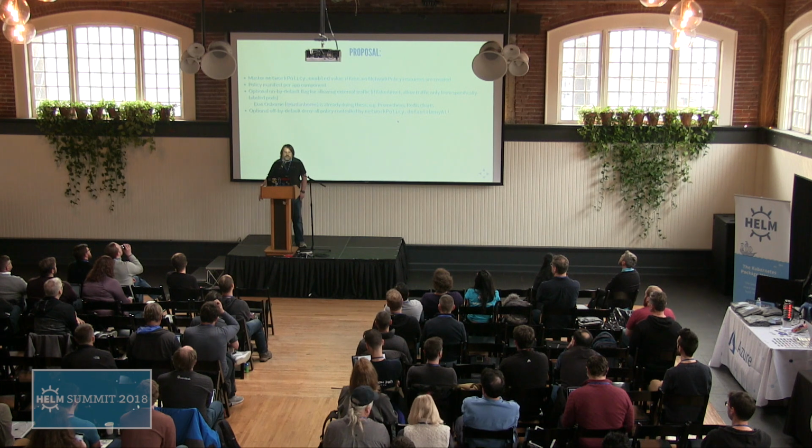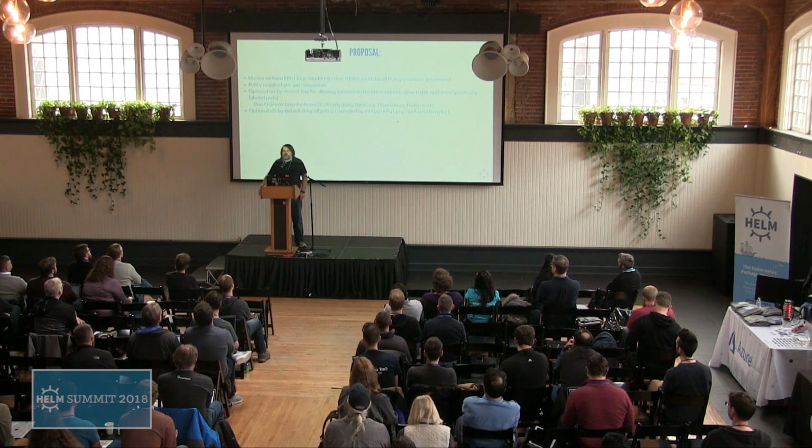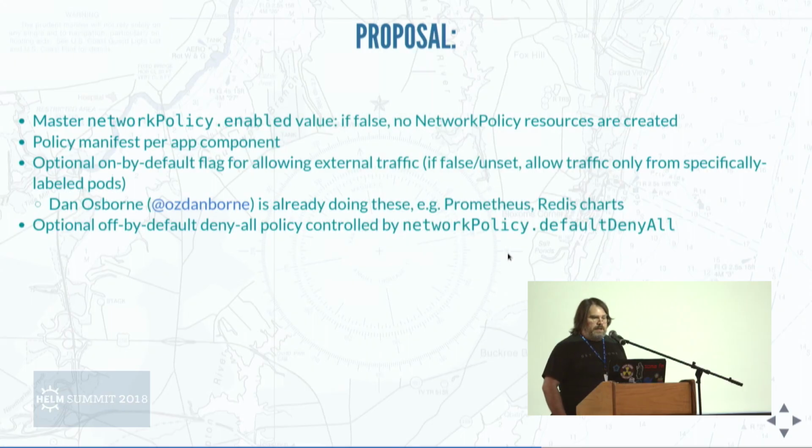So the first three things are, there should be a master network policy .enabled value, and if it's set to false, we don't install any network policy resources. Same thing we do for RBAC right now. We want to have a policy manifest per app component. This is part of the composability thing. And then I would like to see, and Dan does this, an optional flag that's on by default to choose whether or not to allow external traffic.